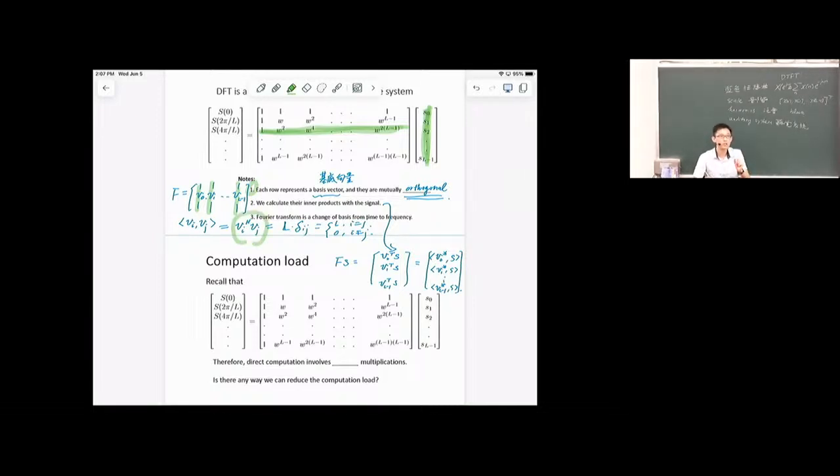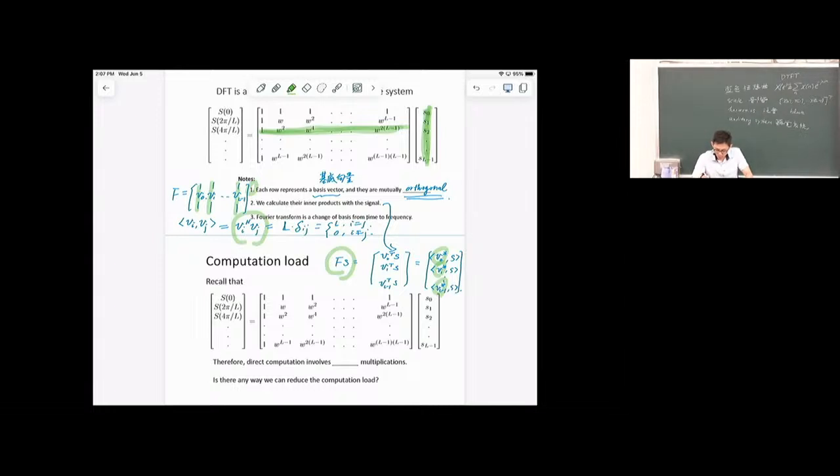Okay? So in this case, it seems to me that when we say Fourier transform is equivalent to inner product, we need to be sure that the basis vectors right here need to be conjugated. It seems to me that this is the correct way of saying it.